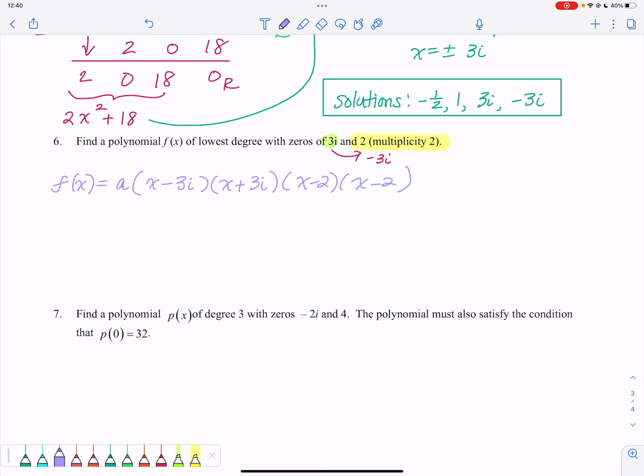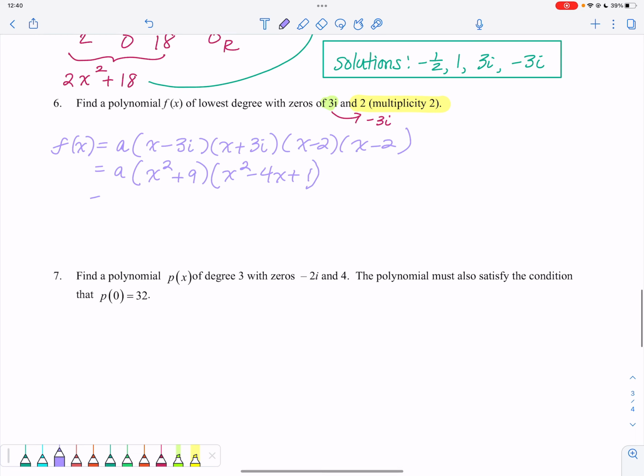Now we need to multiply these out. I'll first multiply my complex factors, and I'm going to get x squared plus 9, and then I'll multiply these x minus 2 times x minus 2. And now I will go ahead and multiply all of these terms by x squared and then 9.